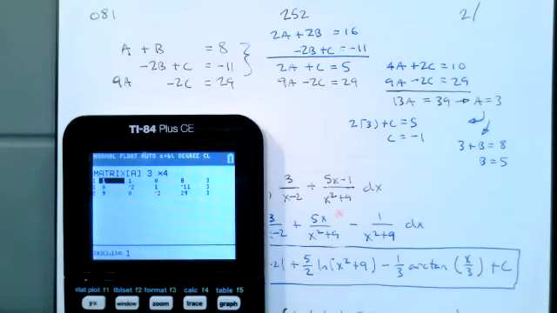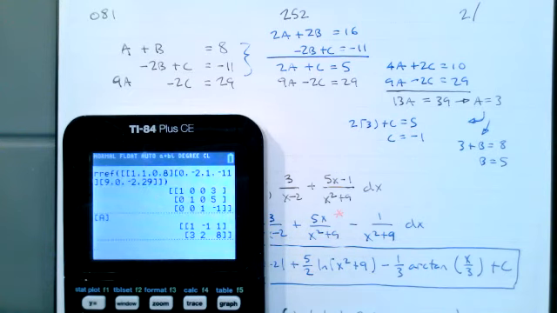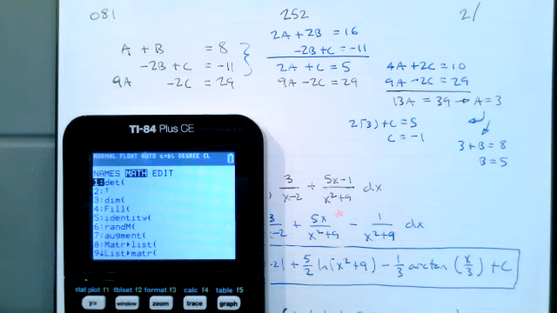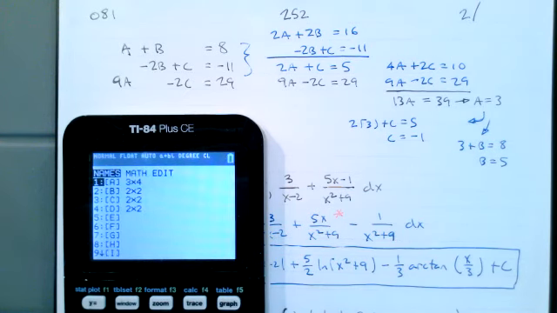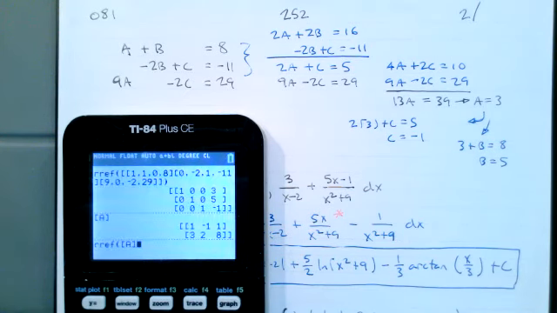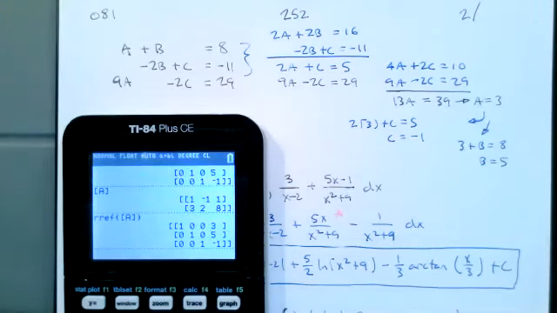Then I have to get out of the matrix editor, so quit. Then I have to go into matrix, and then go over the math and call up my reduced echelon form. Then I have to go into the matrix menu again and bring in A and then hit enter. Just plug in the matrix right in the face of the calculator.